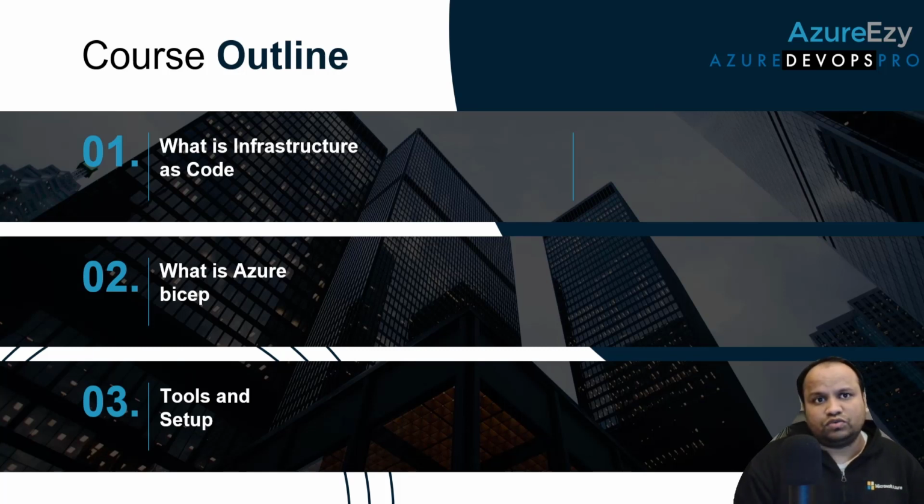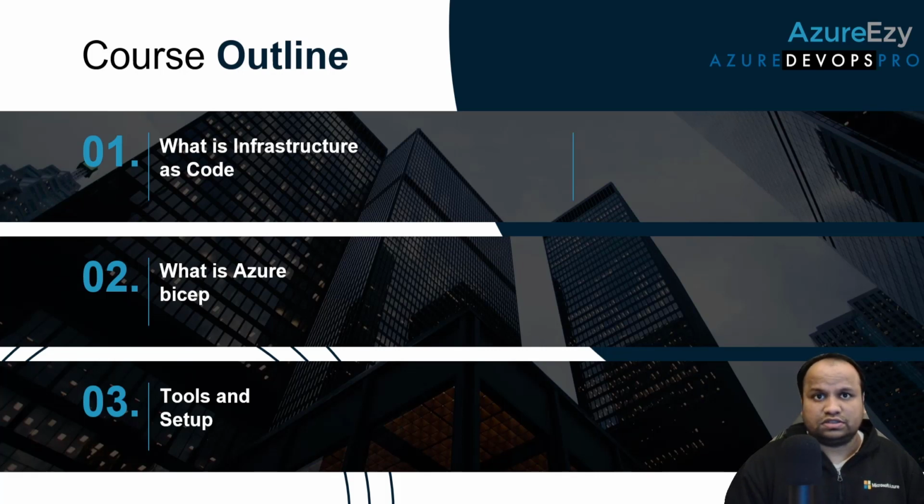The next session was on tools and setup. This one was about the different tools you need if you're starting your journey in Azure Bicep. From here we started looking into Azure Bicep specific things, such as Visual Studio Code, the useful extensions you need to have, and some basic commands from Azure CLI that help you with the day-to-day work in Azure Bicep.